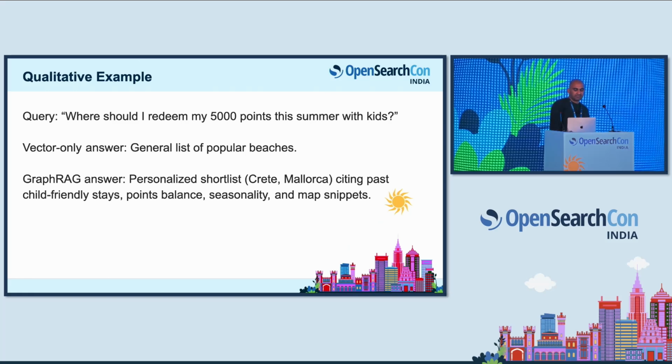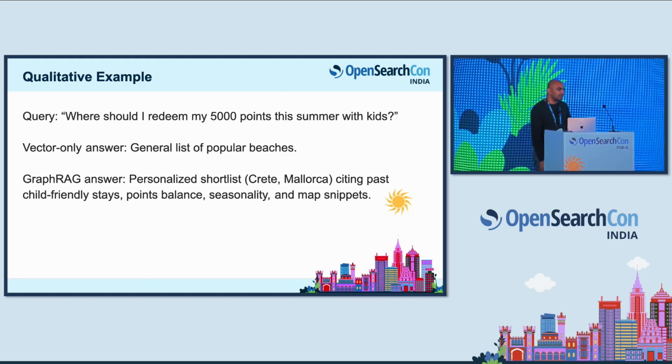There's a very sample query you can correlate with, and it just says, where should I redeem my 5,000 points this summer with my kids? So if you think about this, it has three parts to it. It relates to the idea of redeeming, and the third part is the 5,000 points.